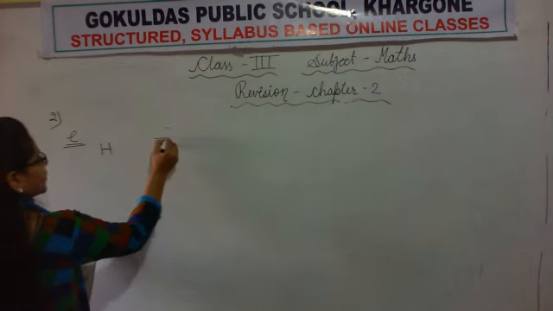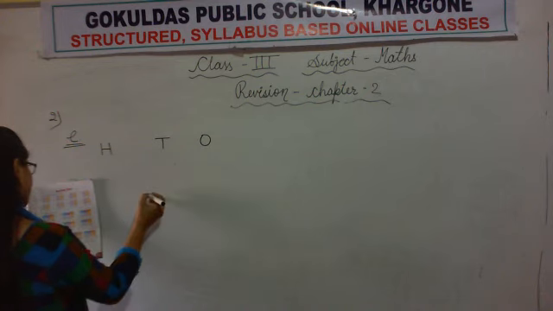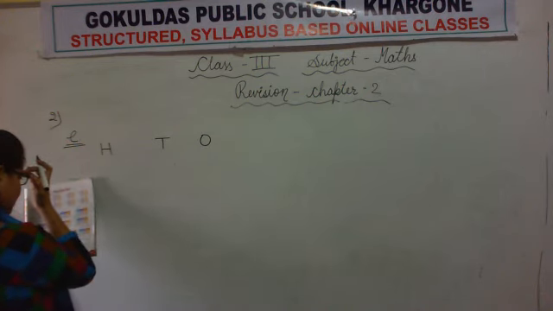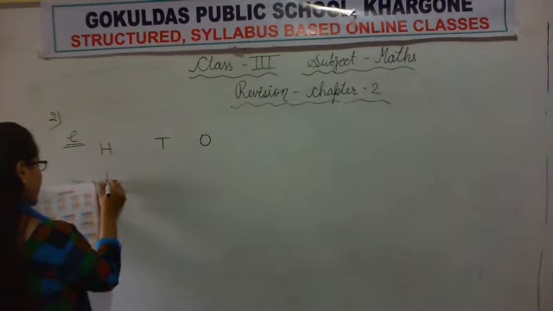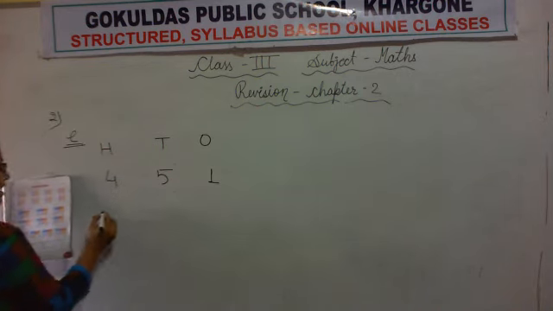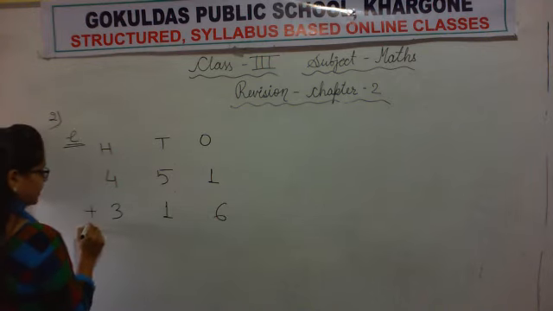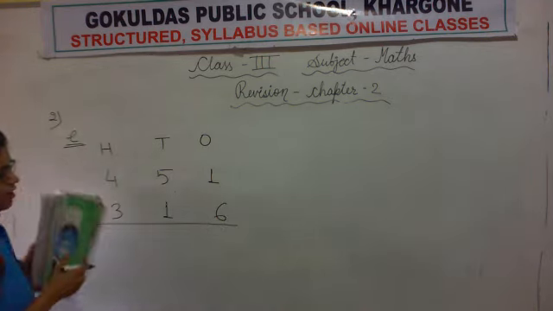Again, let me write 100 tens and ones. First addend is 451. Second addend is 316. Let's add them all.